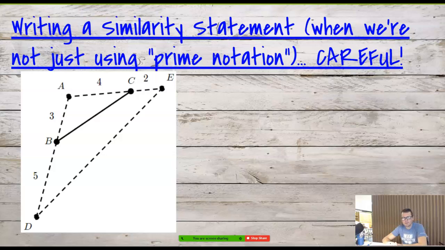If these shapes are similar, what should we be able to check for? Katie Ann, what do all similar shapes have that we could check for? Okay, and we don't really have any angles given to us here, so all we have to work with is sides.